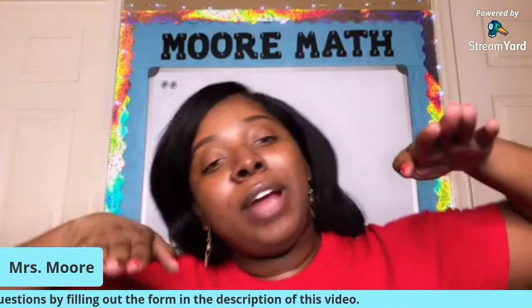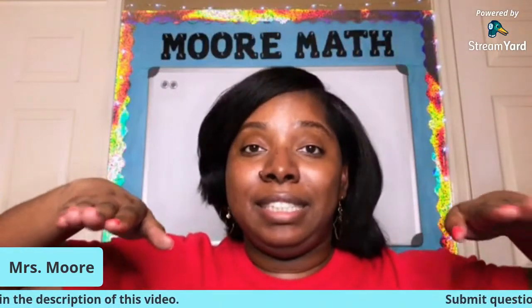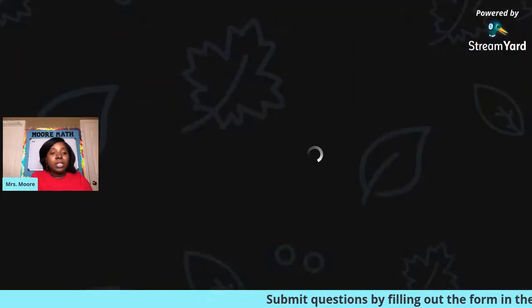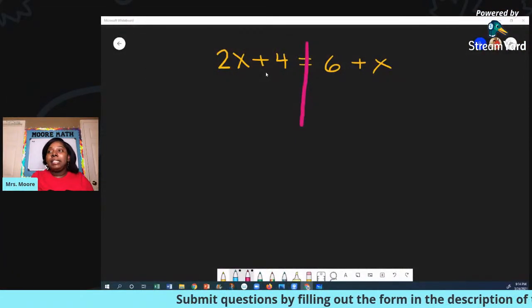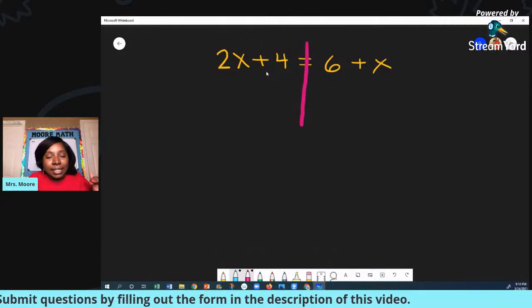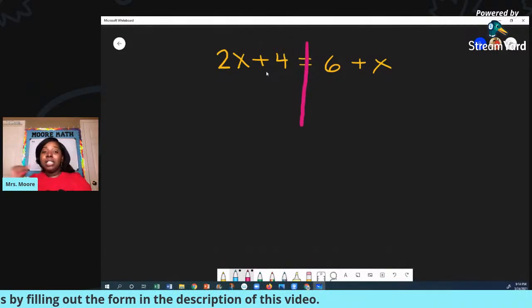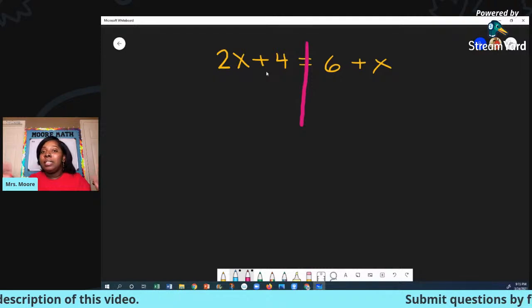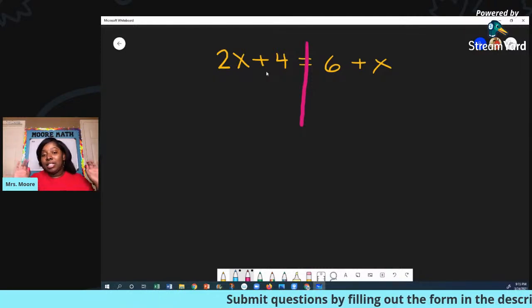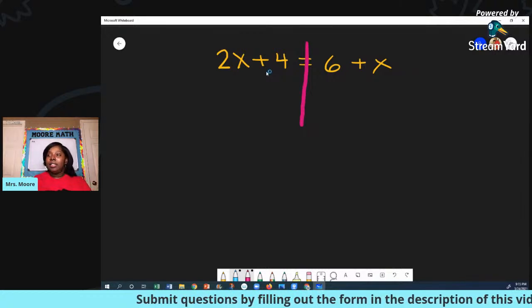Whatever I did to this side to bring it down, I have to do the same thing to this side to make it balanced. So when you see an equal sign, that means that whatever's on the left side of the equation is balanced or equal to what's on the right side. Whatever we do to one side, we have to do to the other side to keep it balanced. That is a huge part of this. Okay, so now let's go.